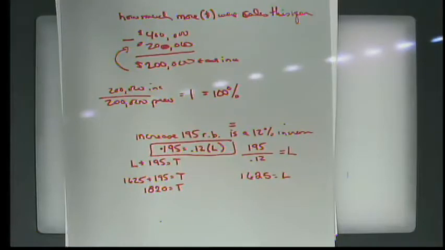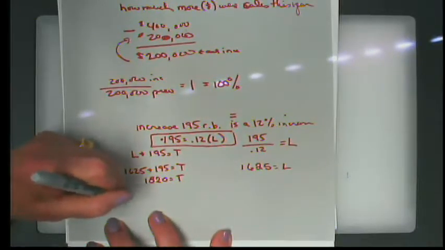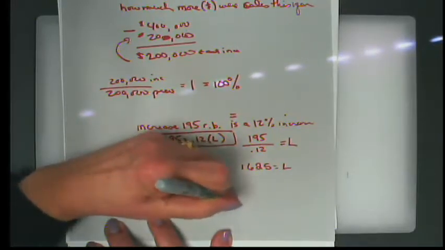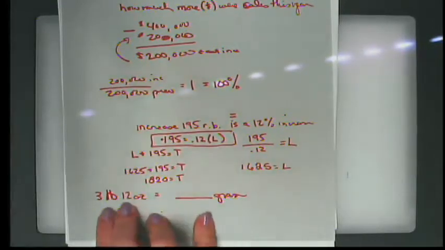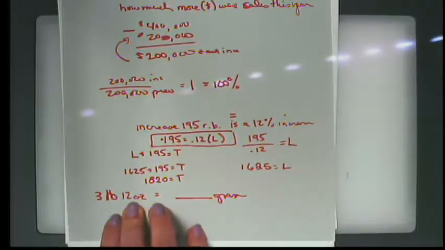So what I mean by that is, 3 pounds, 12 ounces is how many grams? The first thing I would do is convert this into some number of pounds. Do you know how many ounces there are in a pound? 16.